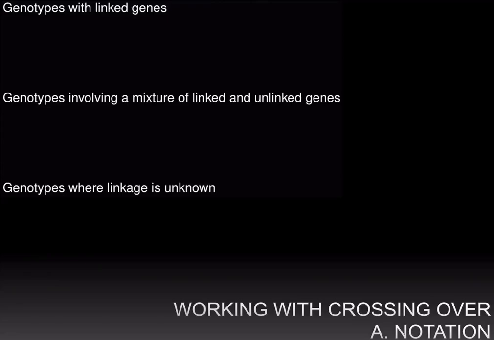Let's discuss how to write genotypes with linked genes, unlinked genes, or a mixture of linked and unlinked genes briefly. If it is known that two genes are linked, that is, they're on the same chromosome, such as in the case of purple and vestigial, then the two genes are not separated by any symbol.